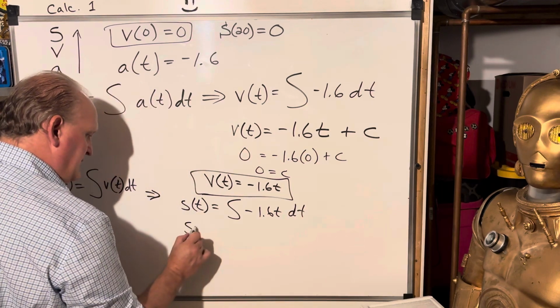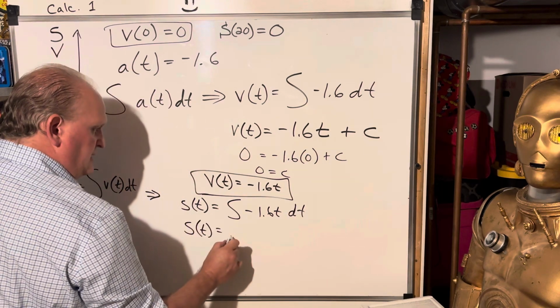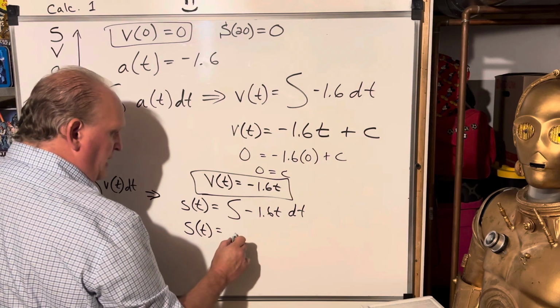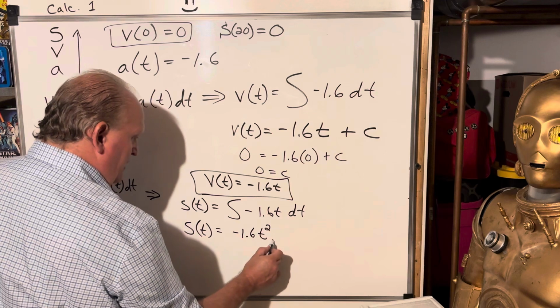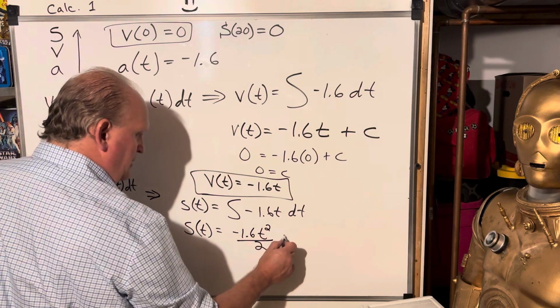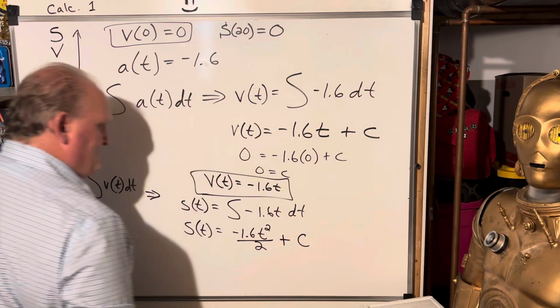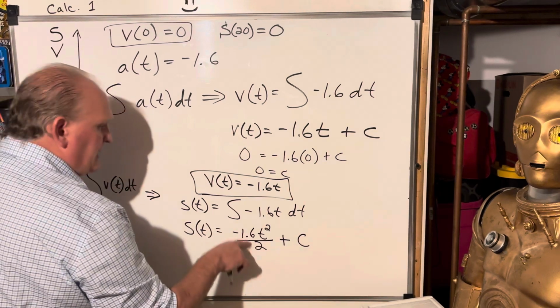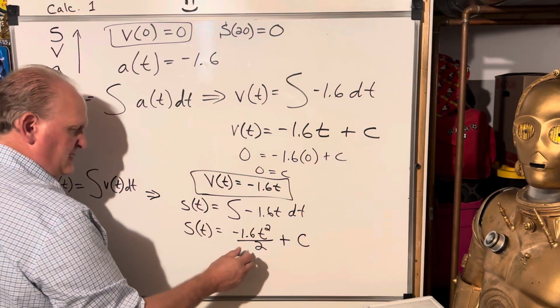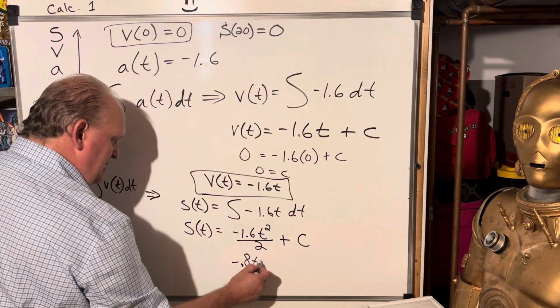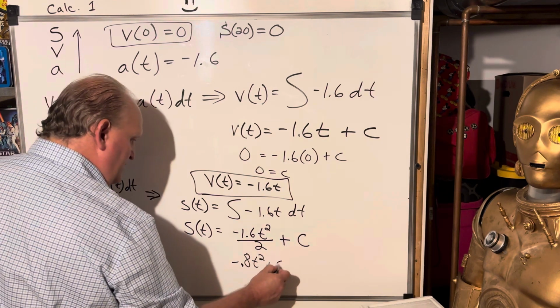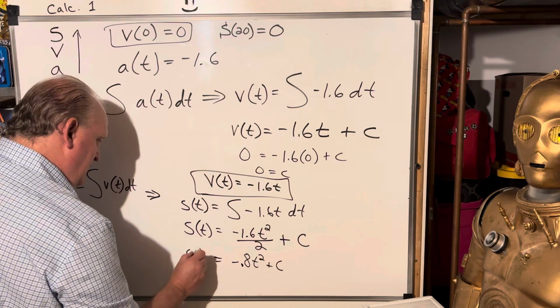So s of t is equal to negative 1.6 t squared divided by 2 plus c. So I can do that division, right? If you had $1.60, you got 80 cents if you cut it in half. So negative 0.8 t squared plus c is equal to s of t.